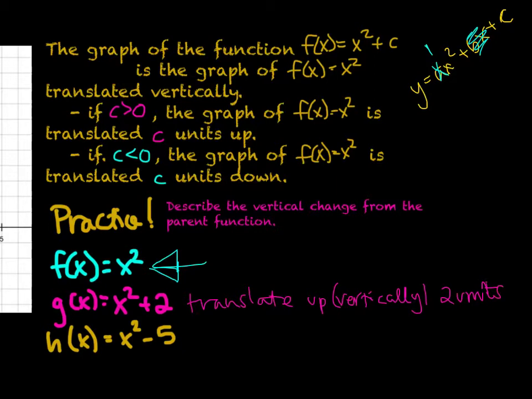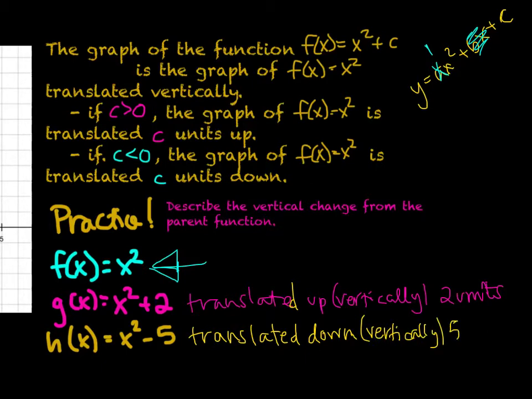Nice handwriting, it's awesome, right? Our other one, h of x equals x squared minus 5, is translated down vertically 5 units. I forgot my D on that one. So those are the translations that we can see.